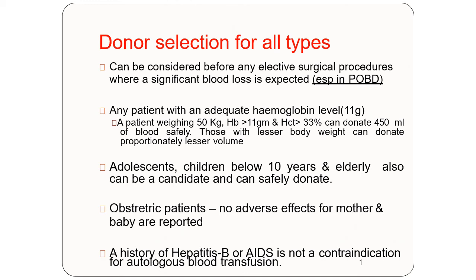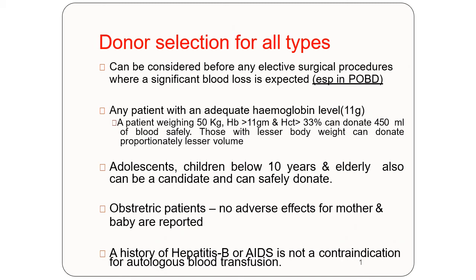Donor selection for all types: it can be considered before any elective surgical procedure in which significant blood loss is expected. The donor can be selected if the patient has an adequate hemoglobin level. Here it is mentioned as 11 grams, but ideally it is more than 12.5 grams. The patient should weigh 50 kilograms, and the HCT should be more than 33%, so that he or she can donate 450 ml of blood safely.